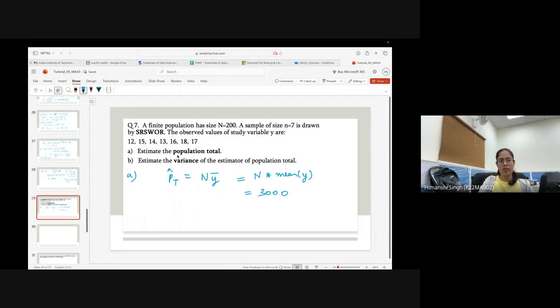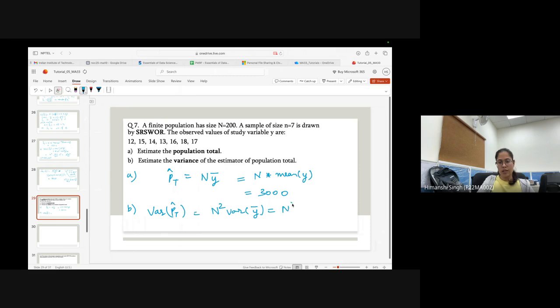Now what about the second one? If I consider the B part, I want to estimate the variance of the estimate of the population total. So first of all, I want the variance of PT hat, which will be N square variance of y bar. Here we are considering simple random sampling without replacement, and for without replacement we have a different formula.